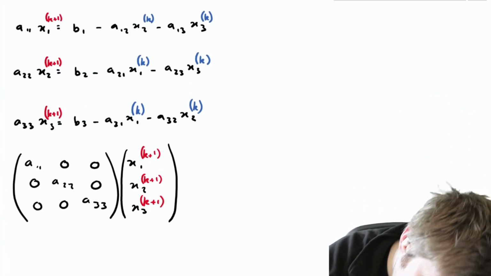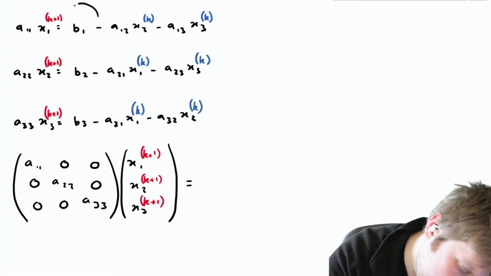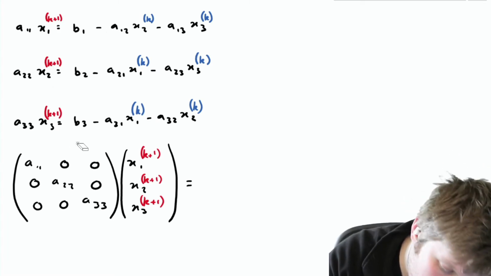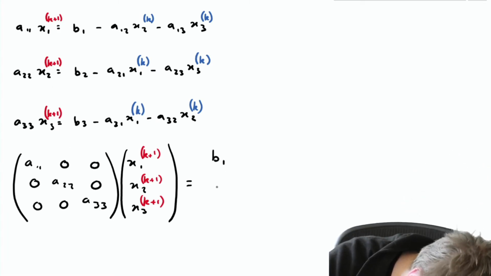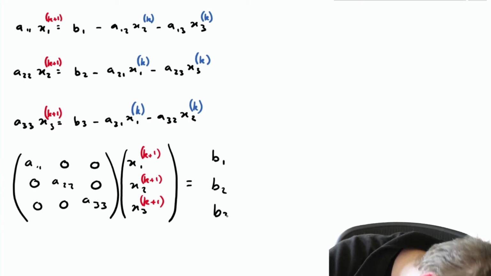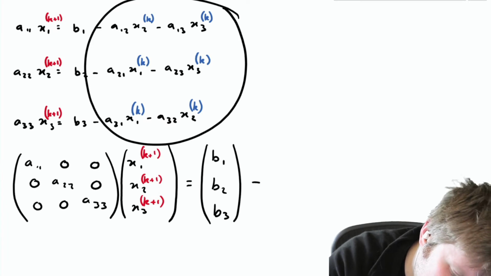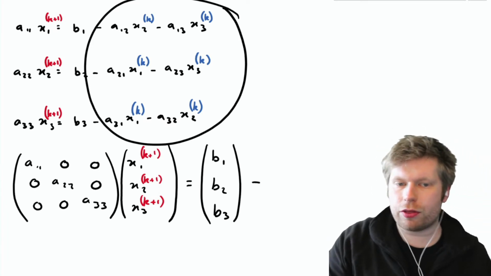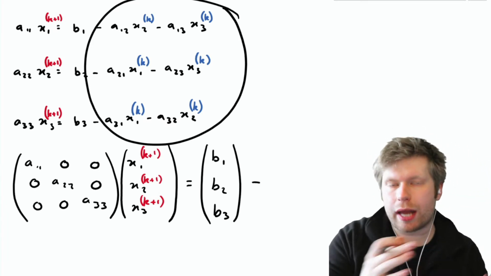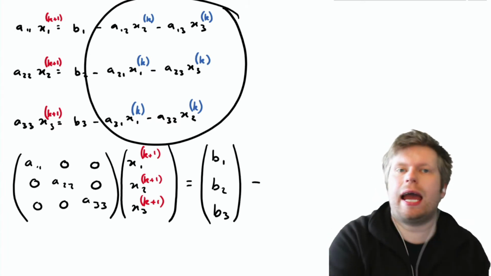Okay. If I look at the right-hand side, first of all, I just have b1, b2 and b3, so that's nice and easy. It's simply my known value vector. But then I'm going to take away something. If you have a look at the right-hand side, hopefully you convince yourself that those are all being multiplied by x1, x2 and x3 at the kth step.